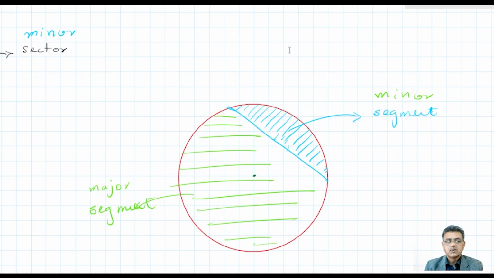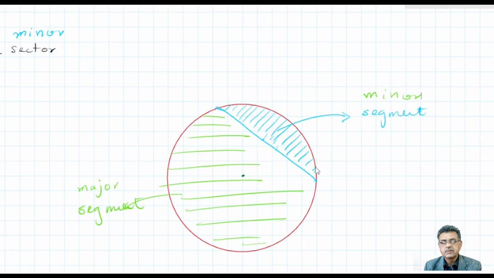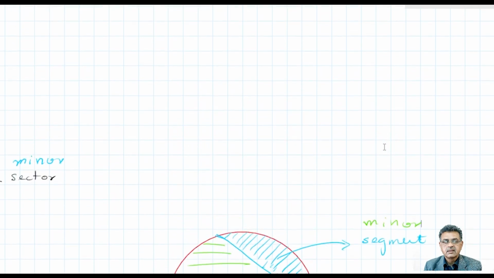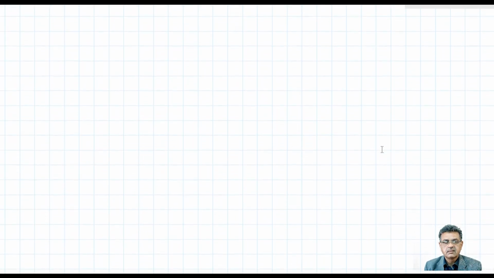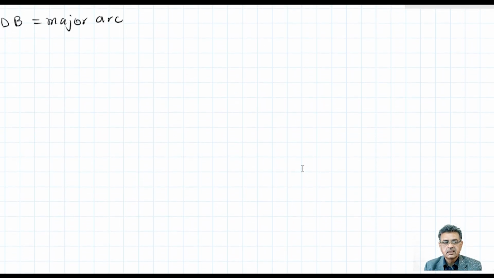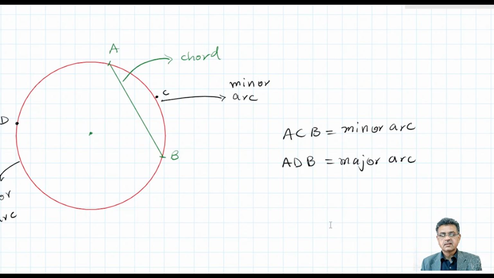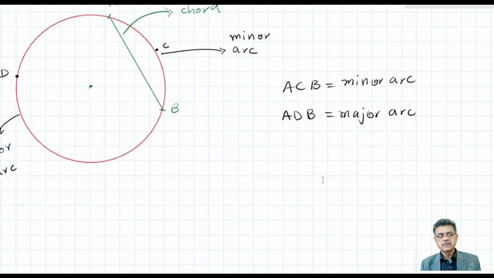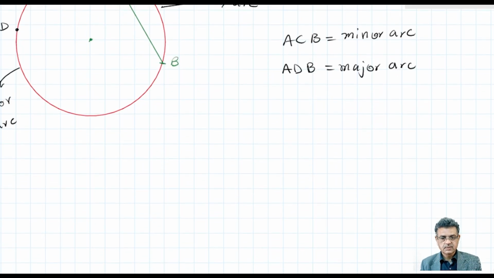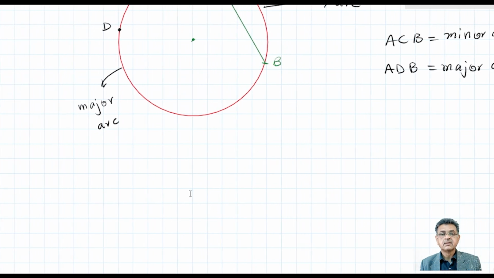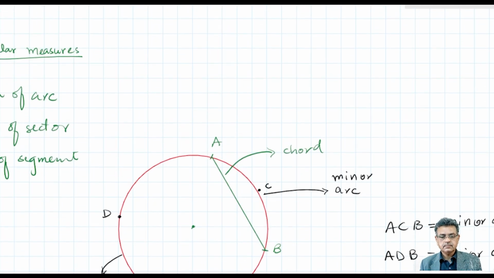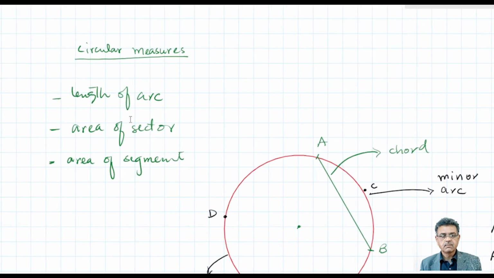One more thing we have to discuss before starting the topic. Okay, let's discuss the length of arc and area of sector, then we come to segment, and then I will tell you another thing. So here, length of arc.